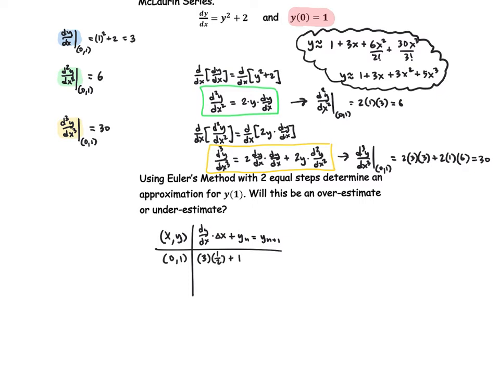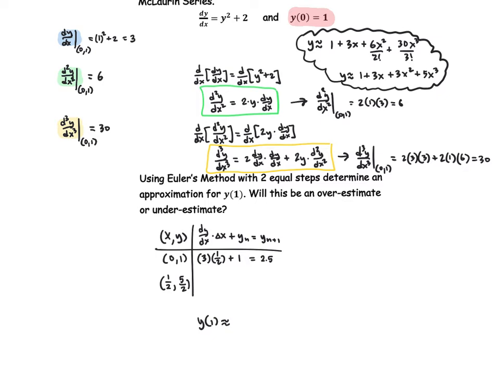I'm going to add that to 1, and that's going to give me 5 halves, or 2.5. So my ordered pair for my second point would be 1/2 comma 5 halves, which is equivalent to 2.5. After I do this again, this should yield me an approximation for y of 1.